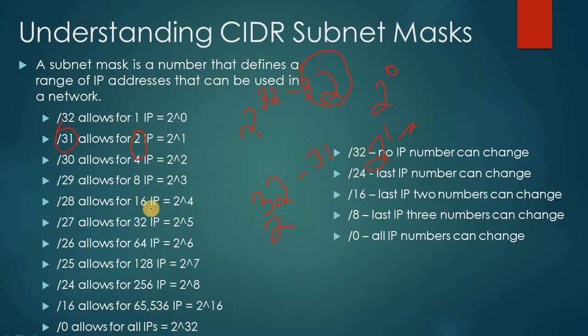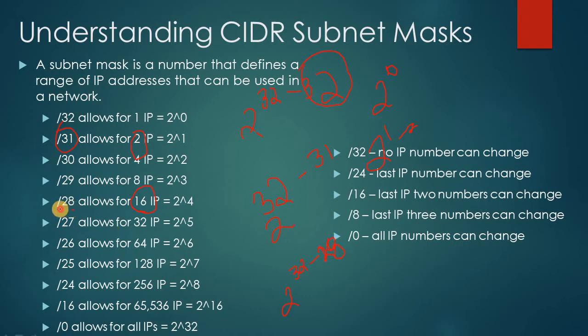Similarly, if you go back here, 2 to the power, like 16, so if I go 2 to the power 32 minus 16, this is the formula. Then 28, this one, 2 to the power 28, right?